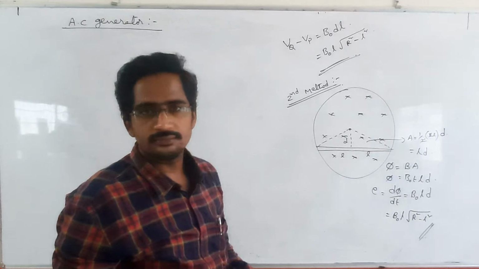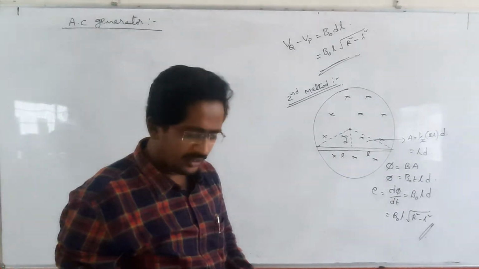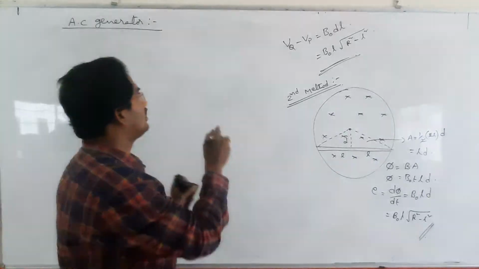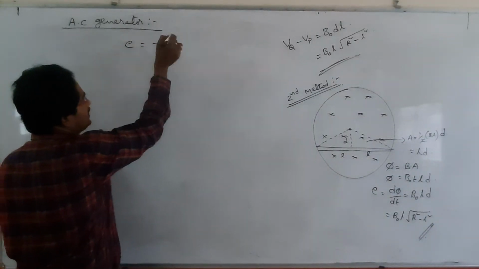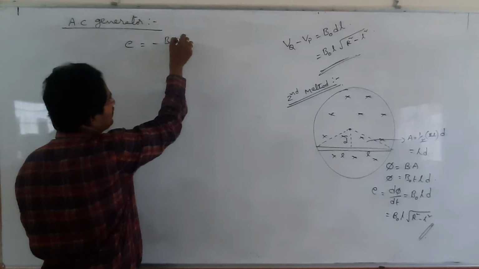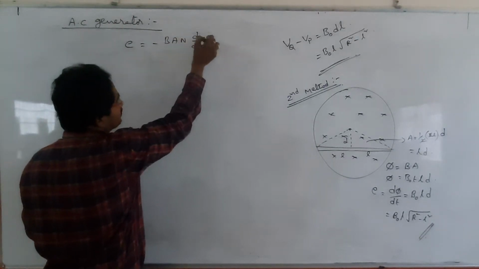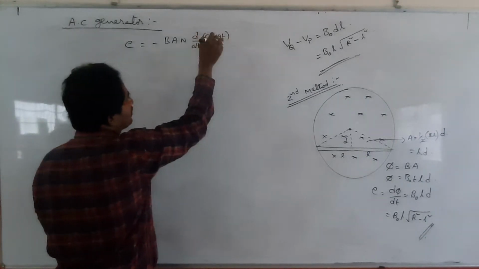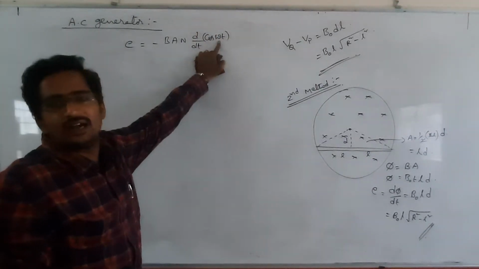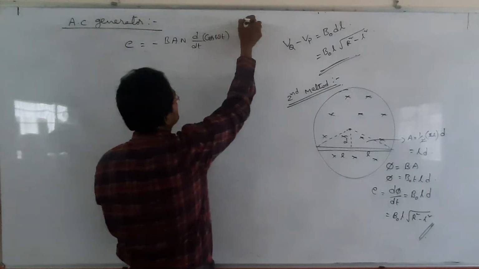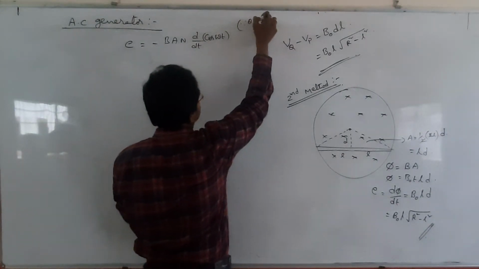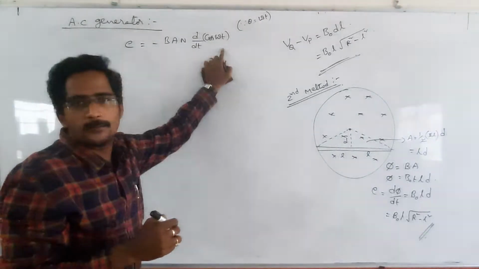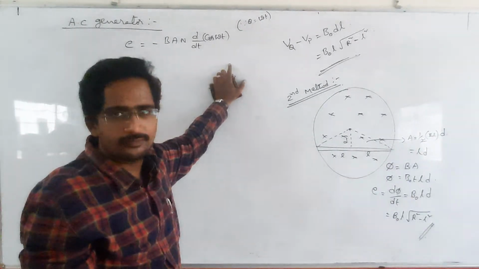According to Faraday's law, the EMF will be induced whenever theta is varying. You know well, EMF equals minus d of B A N cos theta by dt. Whenever theta is varying, theta means omega t here. As this value varies, EMF will be induced, right?